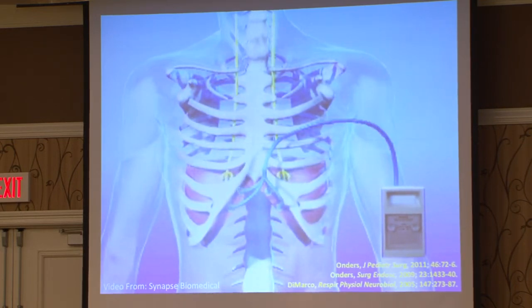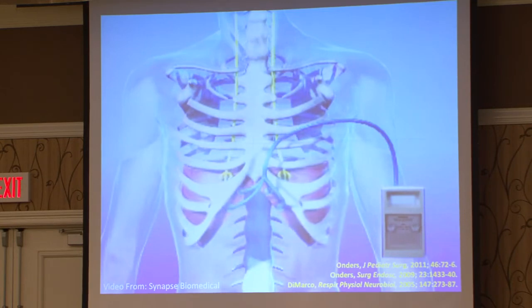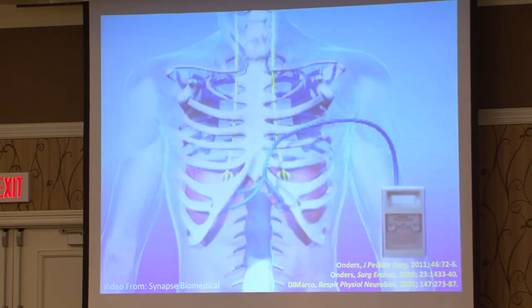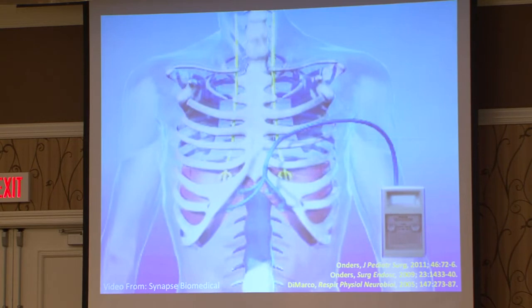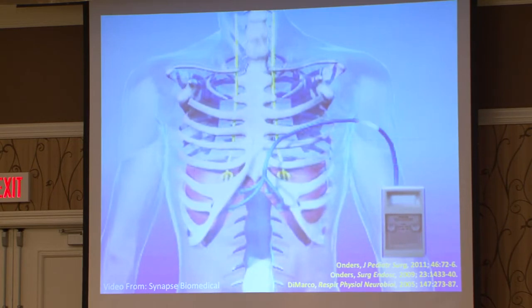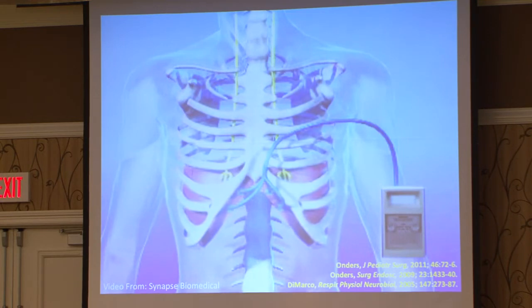This is a laparoscopic surgical placement. Two electrodes are placed near the active area on the right side of the diaphragm, and two electrodes on the active area at the left side of the diaphragm. And then there's a fifth reference electrode.